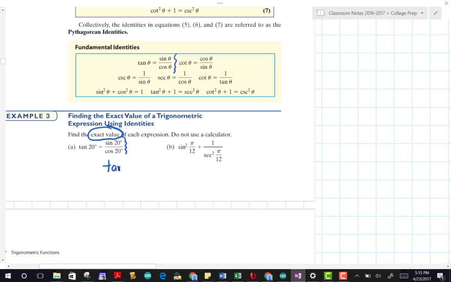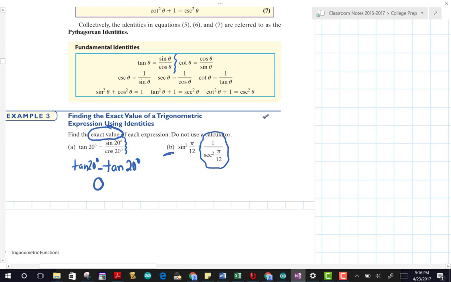Second one is a little trickier. We have to recognize right here an application of one of our identities. 1 over secant squared. Remember, let's go back up. 1 over secant squared is not here in our identities. Then in our notes we took a minute ago, remember that we said that cosine of theta was equal to 1 over secant of theta.